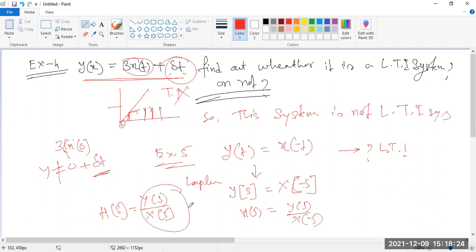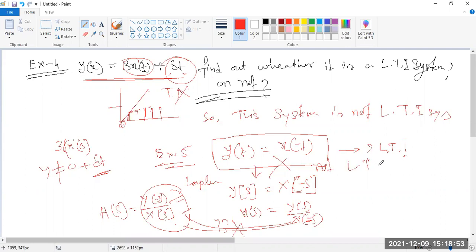Are these the same? No, this has the minus. So it looks like an LTI system, but as per the Laplace transform examination, it is not. So this is also not an LTI system.